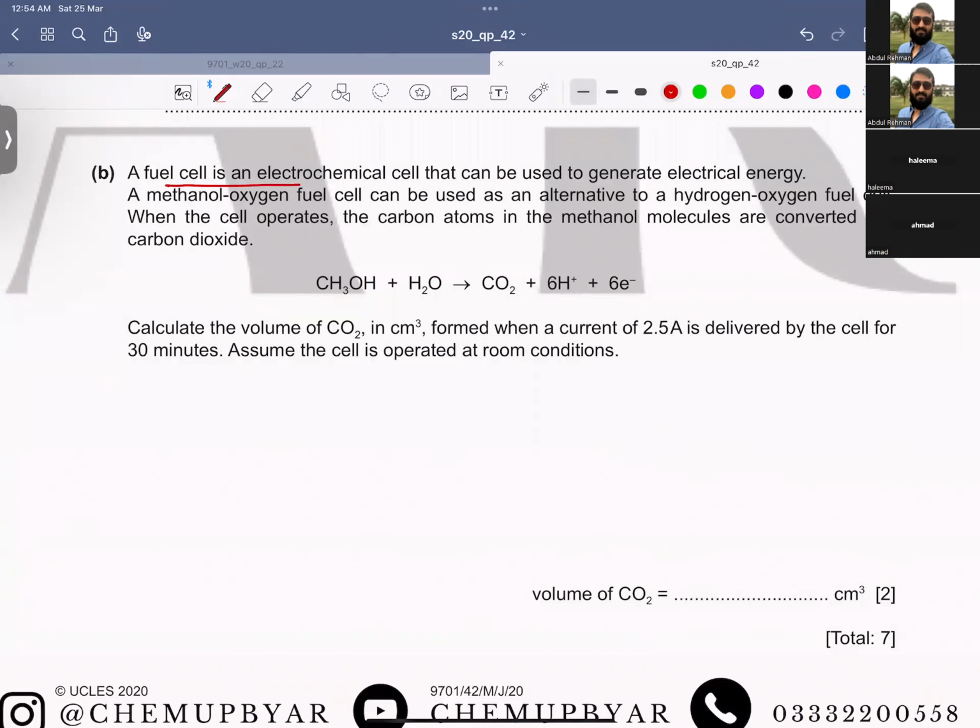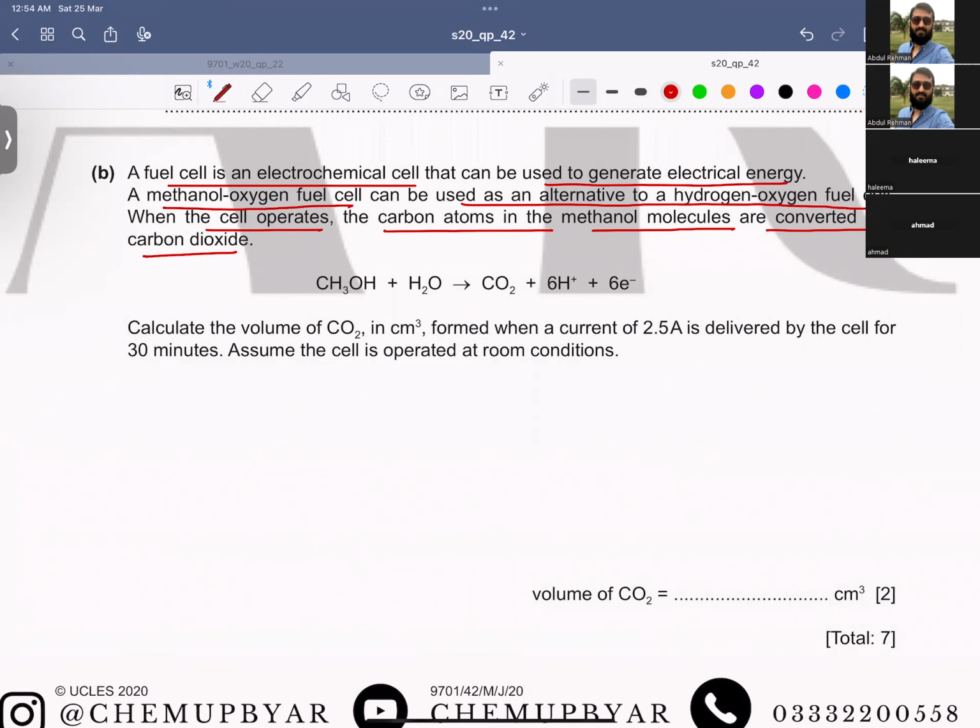A fuel cell is an electrochemical cell that can be used to generate electrical energy. A methanol oxygen fuel cell can be used as an alternative to a hydrogen oxygen fuel cell. When the cell operates, the carbon atoms in the methanol molecule are converted into carbon dioxide. Okay, and here we have an equation.